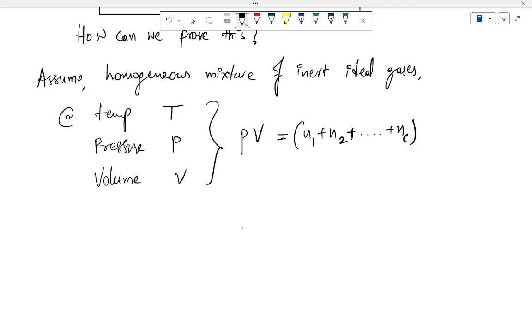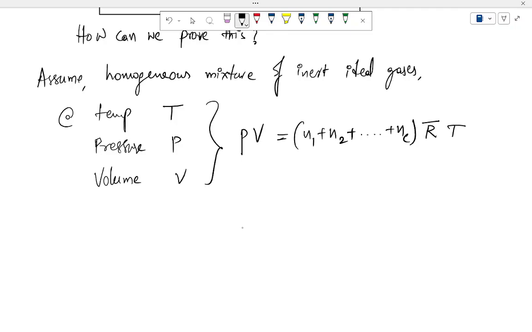Since I have taken moles, I should use R bar, which is the universal gas constant. If I use m here, I should use the particular gas constant. Since I have N here, I am using R bar, and R bar T. So the equation is PV is equal to N1 plus N2 plus so on plus Nc, into R bar T.